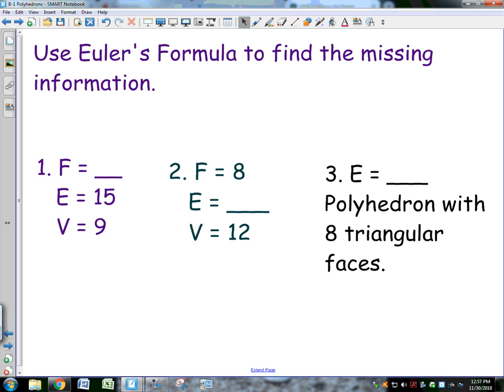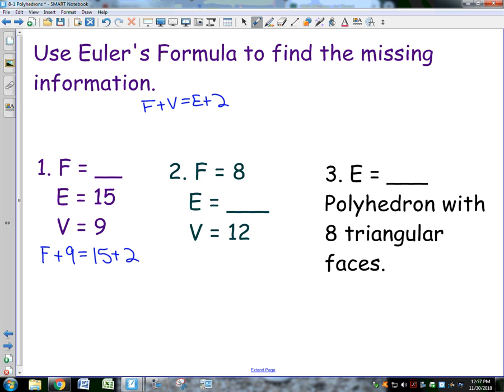We're going to use Euler's formula to help us figure out the answers to these. What does Euler's formula say? Very good. Faces plus vertices equals edges plus 2. So plug in what you know, solve for what you don't know. This one, we don't know the faces. We know the vertices is 9, and the edges are 15.